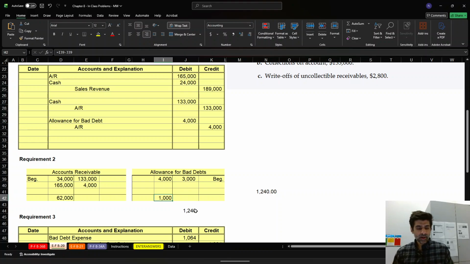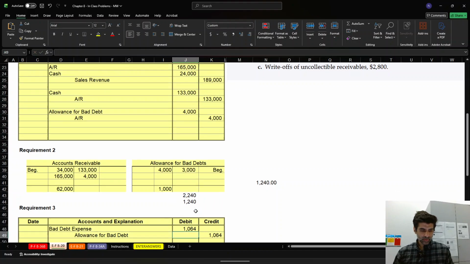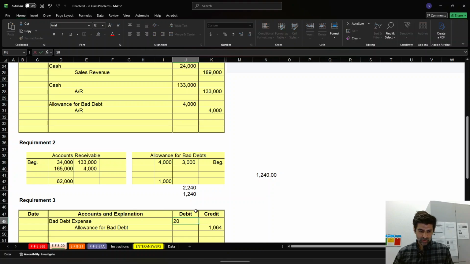So how do we get from a debit balance of 1,000 to a credit balance of 1,240? What do we need to do? The allowance for bad debt. Yeah, Adam. Exactly. Okay. We need an adjusting entry of 2,240. Okay. So we'll change this to 2,240.